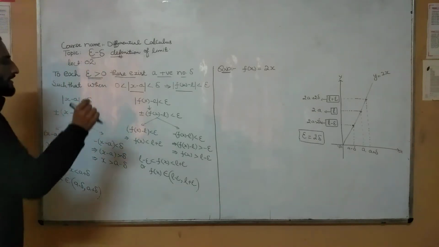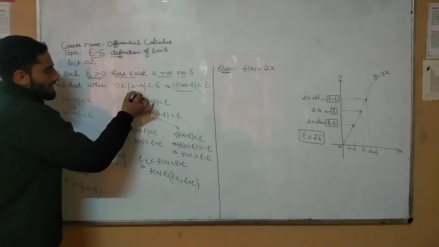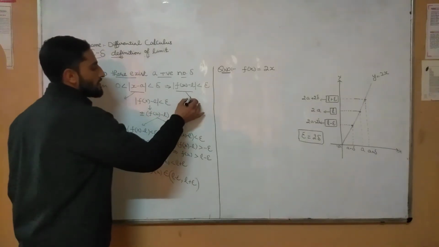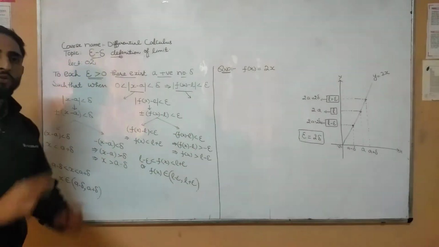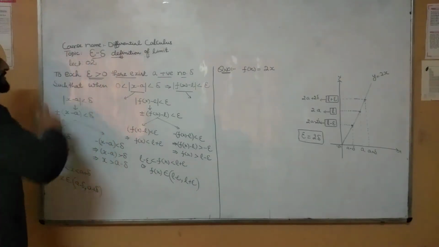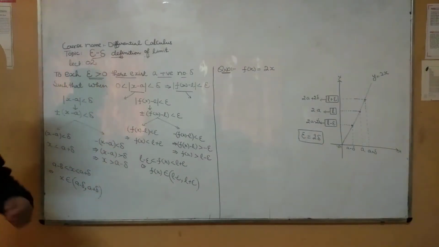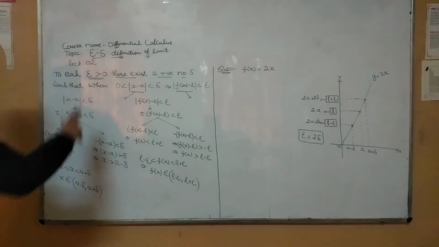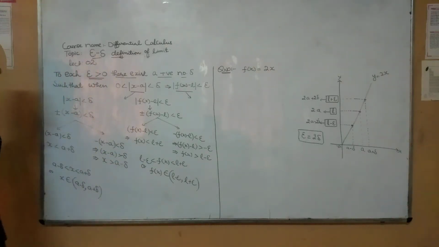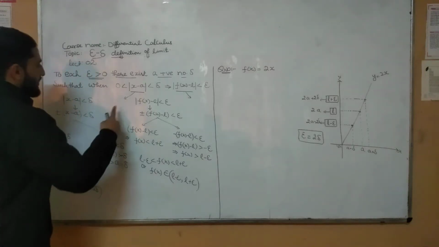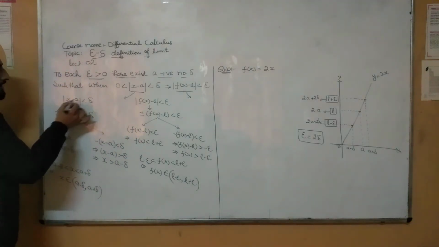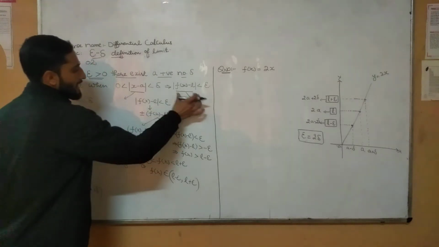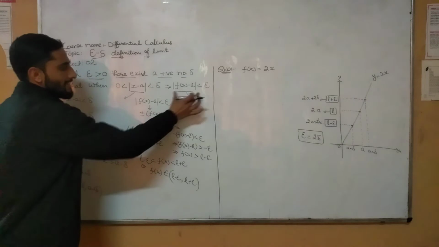Now we will find the range of this function and the range of this function, how we can correlate epsilon and delta, and also what is the relation between epsilon and delta. So our approach here: first we take this one and secondly we take this one as it is.